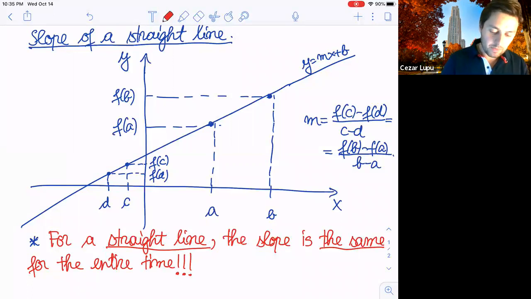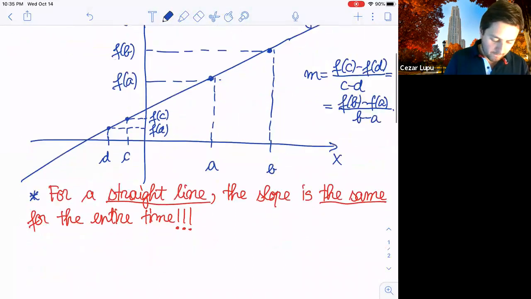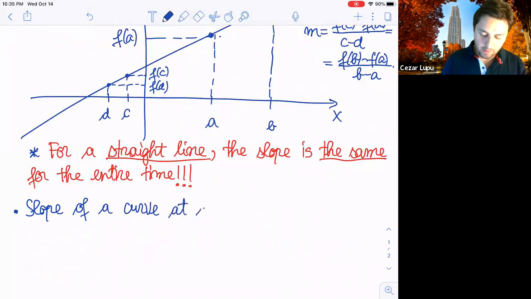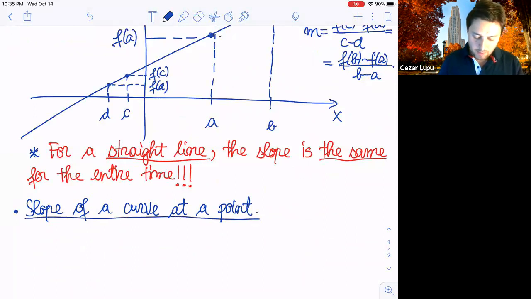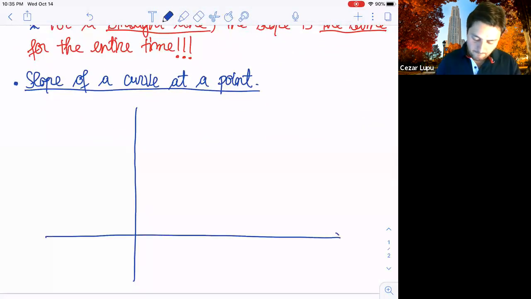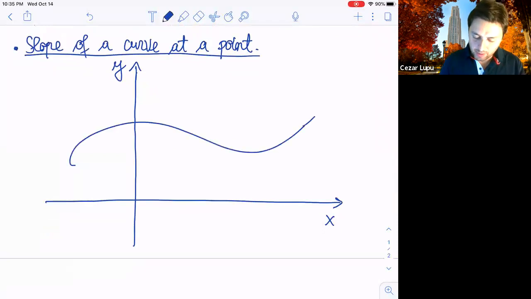Now let's see what happens when we would like to talk about the slope of a curve at a point. All right, let's just draw again the axis. And let's say we have some function that goes like this.